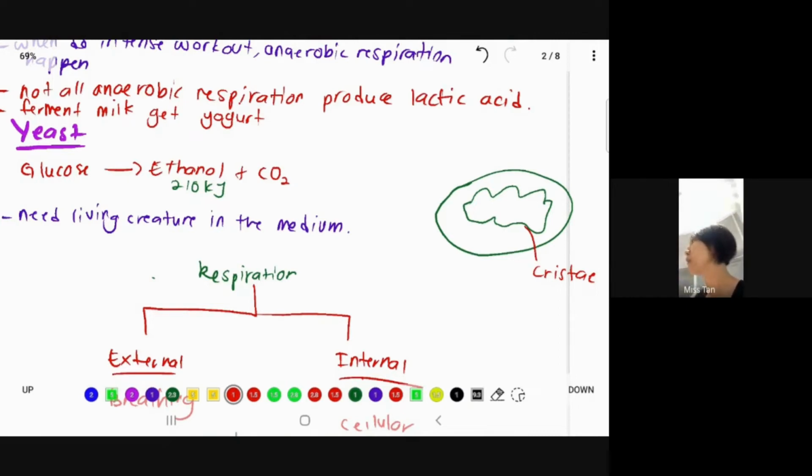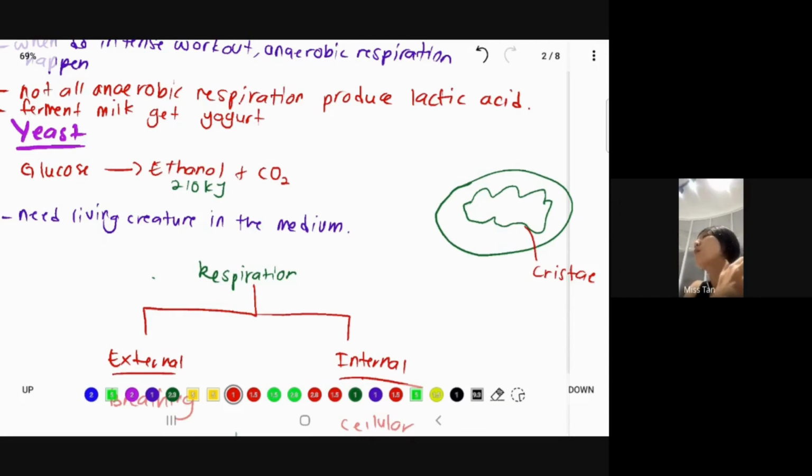You don't need to know about the casein conversion. Just know lactobacillus is used in making yogurt by using anaerobic respiration. Why is yogurt sour? Because they turn it into lactic acid. Mostly lactic acid is produced by animals in anaerobic respiration.